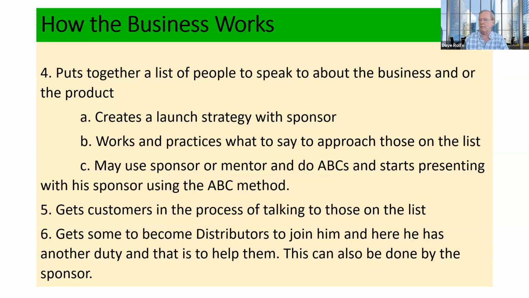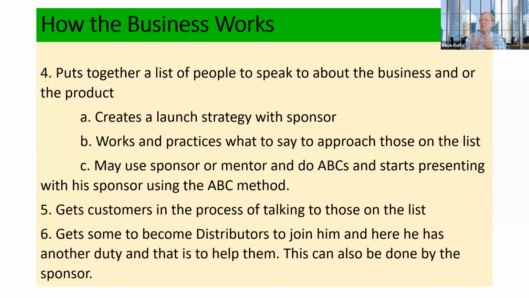And then maybe in the beginning, and this is also very important, I use this concept many times, you do what's called the ABC, which is your mentor, your sponsor is the A, you're the B, and your prospect is the C. You get on a call, and then you introduce both sides, and then the A, your sponsor or mentor, takes over and makes the presentation, and you sit back and listen. And I've used that very effectively, both being an A and being a B. So it's a great way to do it.